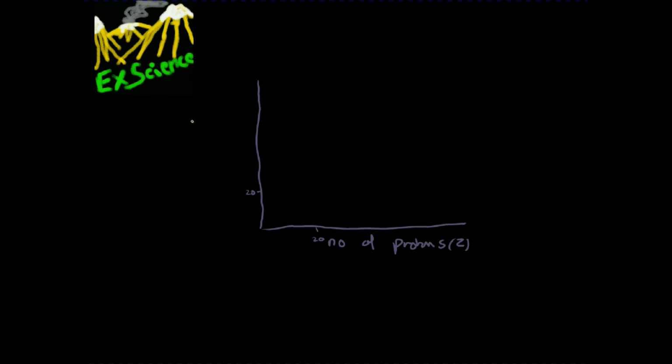And this is the number of neutrons. And this is a line where the number of neutrons equals the number of protons.